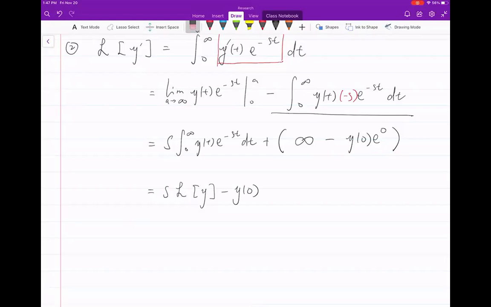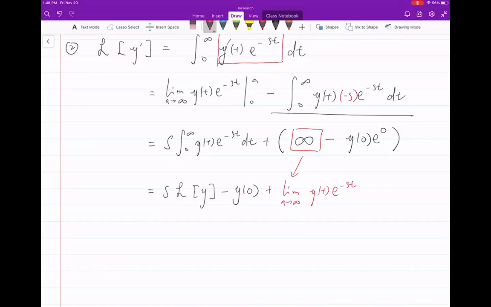Okay. What's the trouble? The trouble is this thing here. What can happen? It can be infinity, which makes the derivative not exist. The Laplace transform of the derivative does not exist.